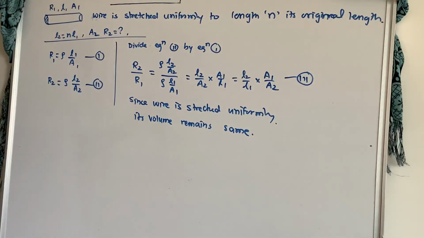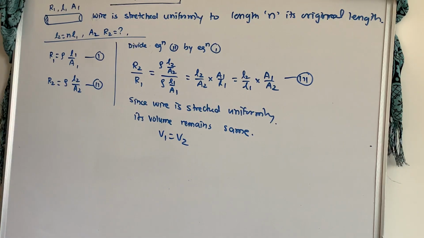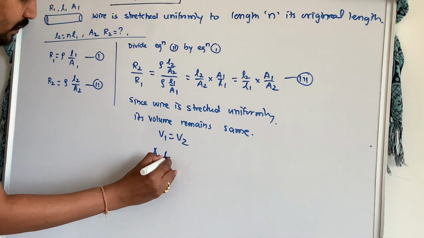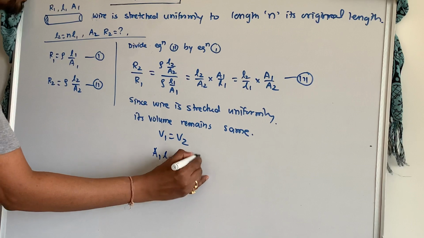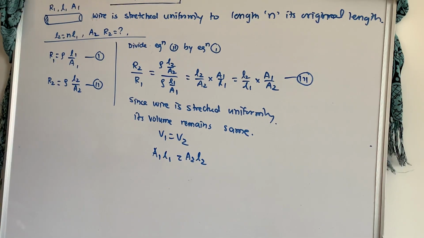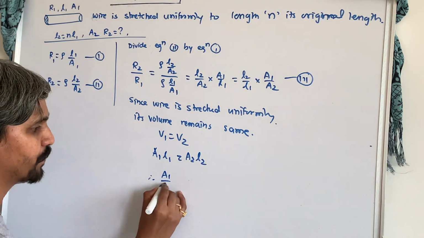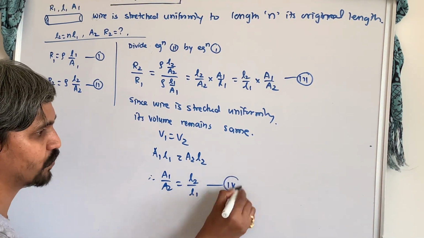Since volume is the same, I can write V1 is equal to V2. The volume of a cylinder is base area times height, so A1 L1 is equal to A2 L2. Therefore A1 upon A2 is equal to L2 by L1. This is equation number 4.